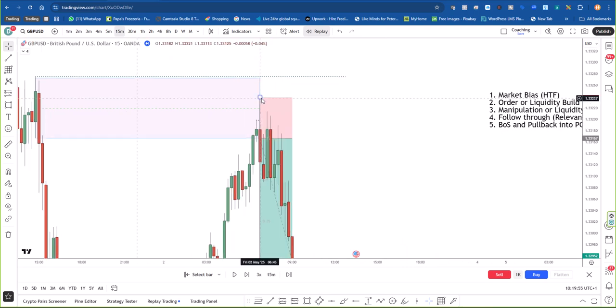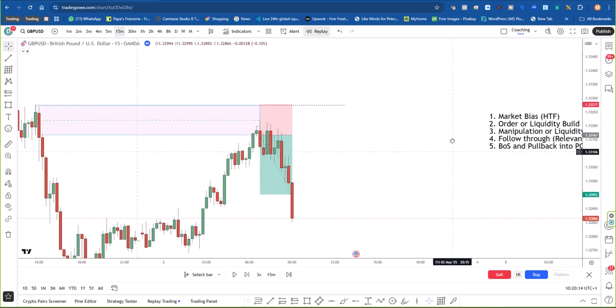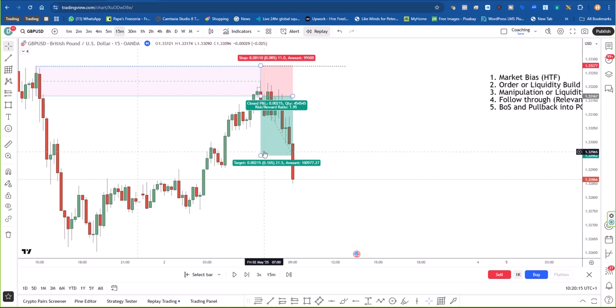But let's see whether we definitely got 2-1, right? But let's see whether we got 3-1, even extending the stop loss to that level there. Let's go. Where's 3-1? Let's get 3-1. Yeah. Oh yeah, we did. We got to 3-1 before price moved up.